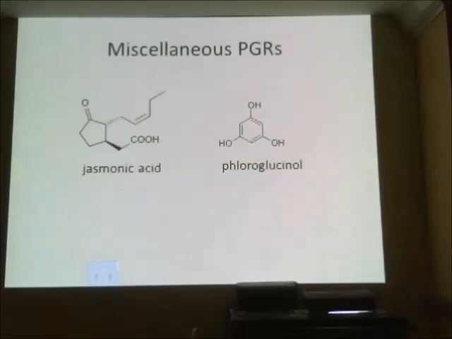And it's released by plants in response to insect attack. It's a powerful natural insecticide. What it does is prevent insects from obtaining the amino acids that are needed for growth by inhibiting protease, which is what breaks down proteins that the insects would be ingesting.